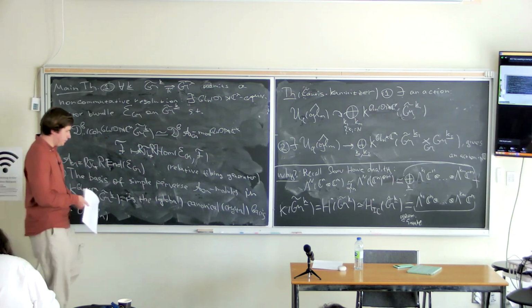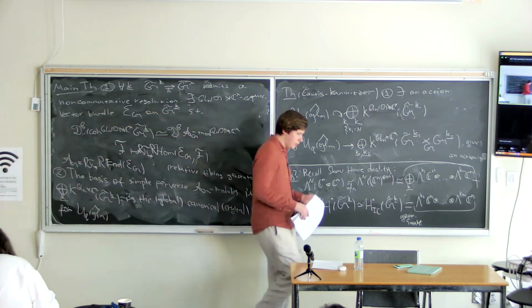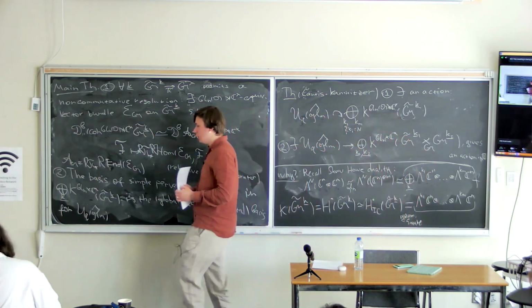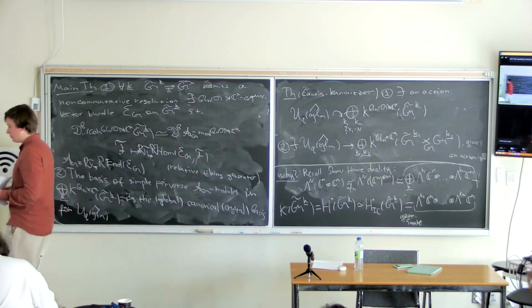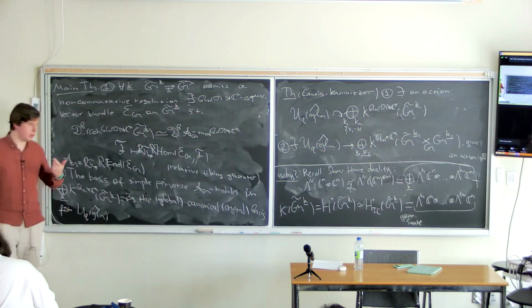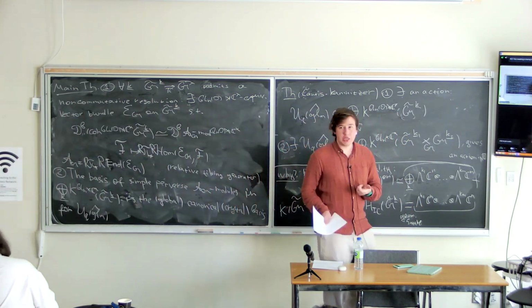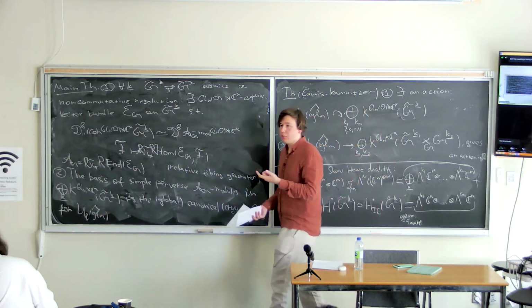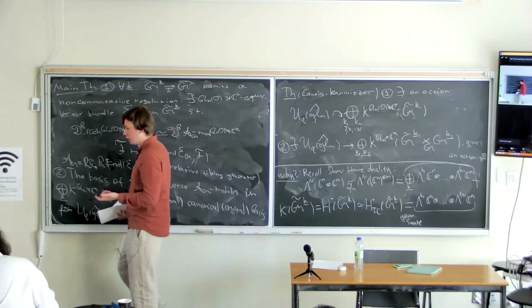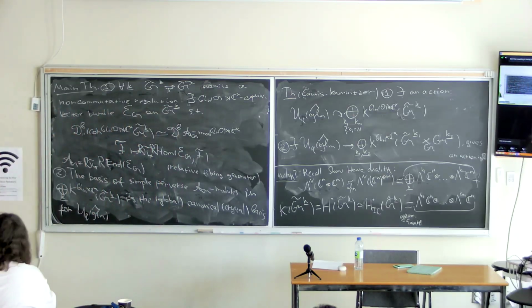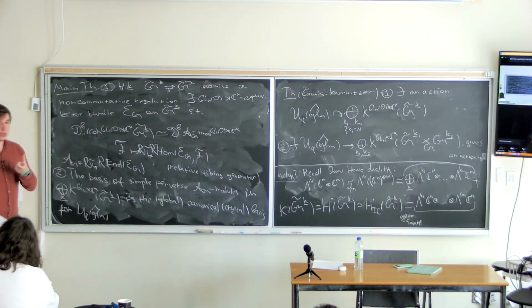Okay, so maybe let me make a comment that it's an old classical idea that one can use constructible, the usual perverse sheaves to define some canonical basis in some space. And again, it is a Noetherian Artinian category, so they form a basis in K group. Irreducible perverse sheaves form a basis.